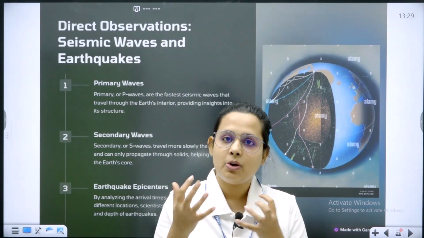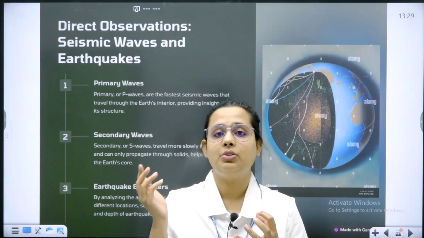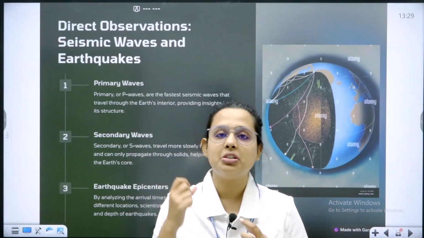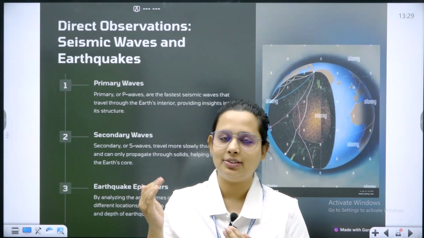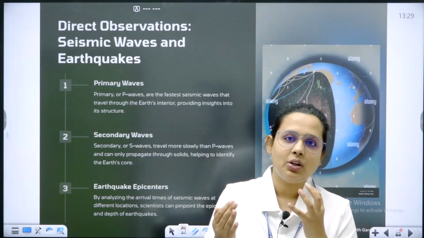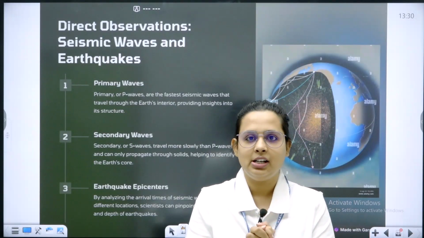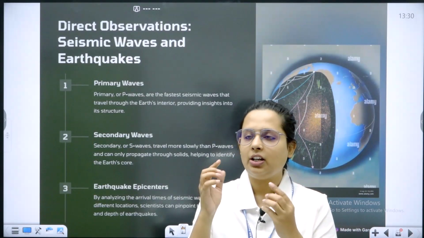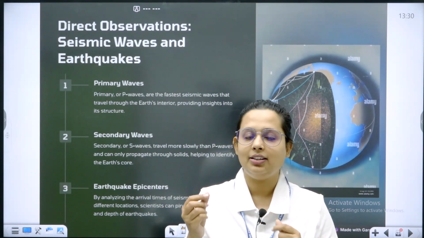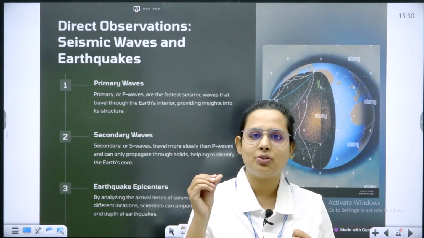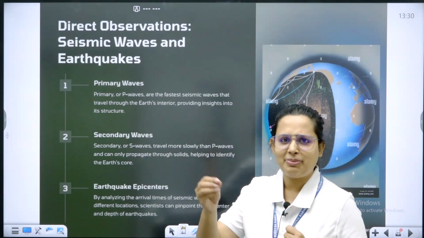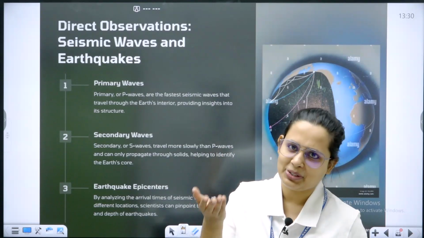Now when I talk about earthquakes, we also have to discuss the instrument that we use to measure them, and that is nothing but the seismograph. Whenever any particle is in vibration or has movement, the movement of the particle results in the formation of a wave.